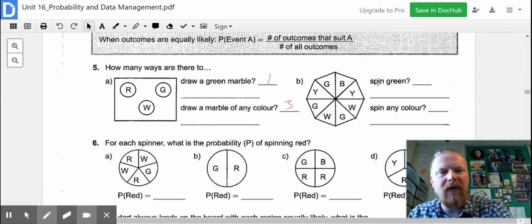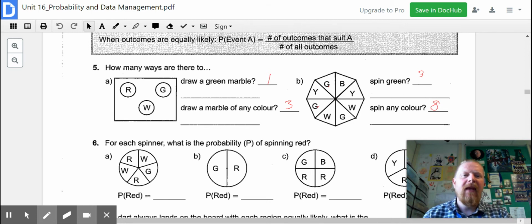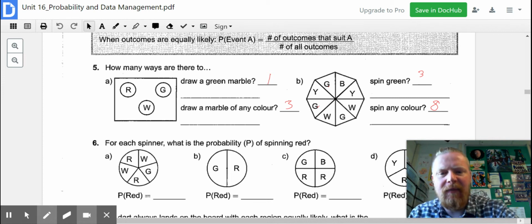To spin green. How many different ways can you spin green? Well, there's 1, 2, 3. Spin any color. Well, there's a total of 8 zones. Okay, good. Now we're going to look at the probability of each one of these happening here.